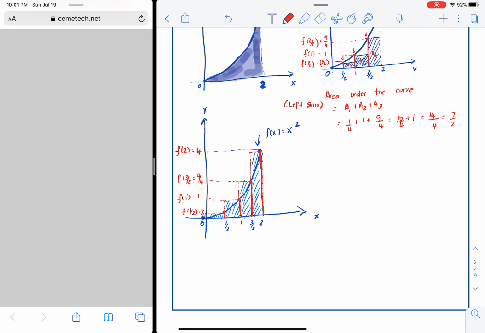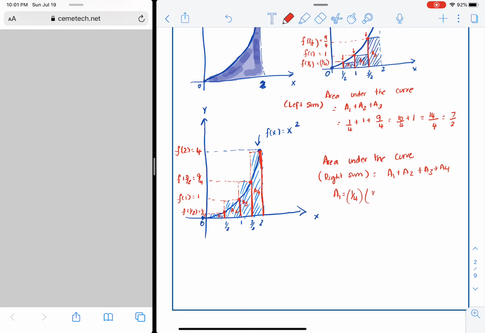Now, the area under the curve in this case, the right sum, because we start from the right-hand side, is A1 plus A2 plus A3 plus A4. So that would be A4, A3, A2, and A1. So the first rectangle has a height of 1 over 4.